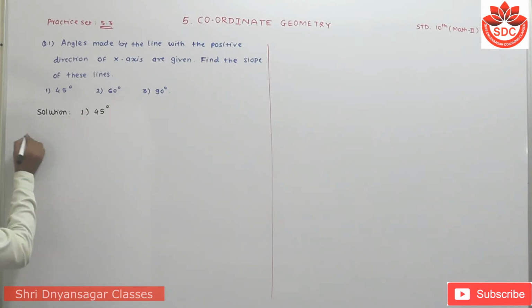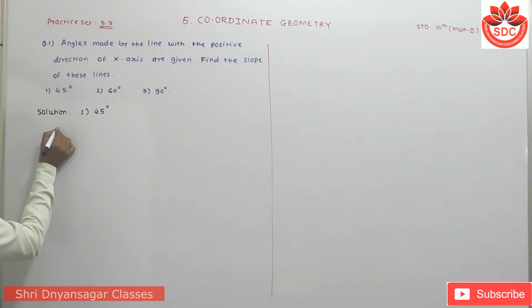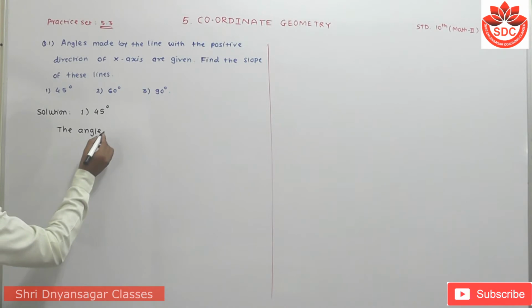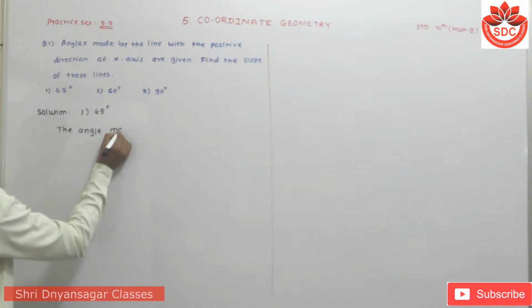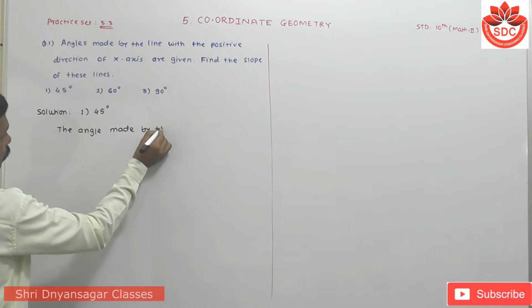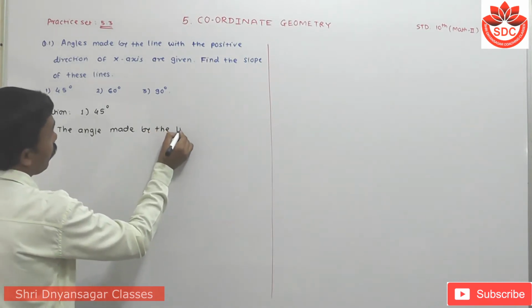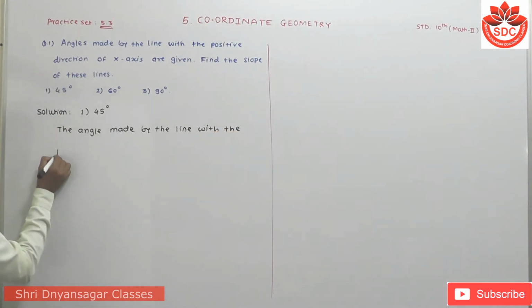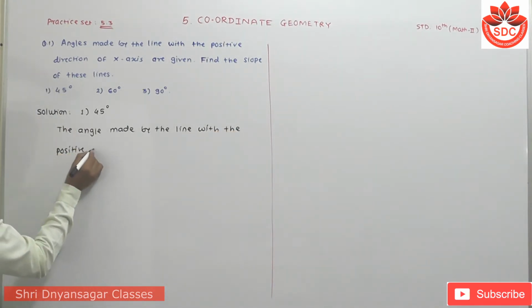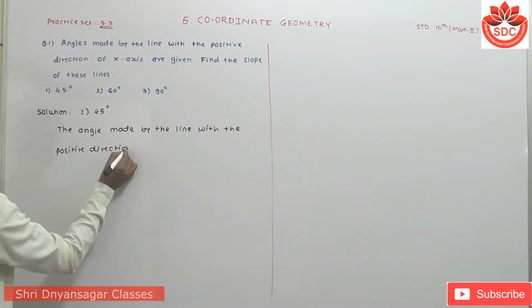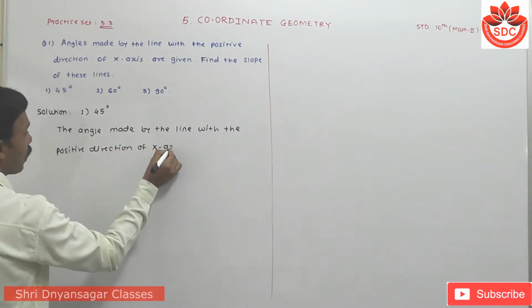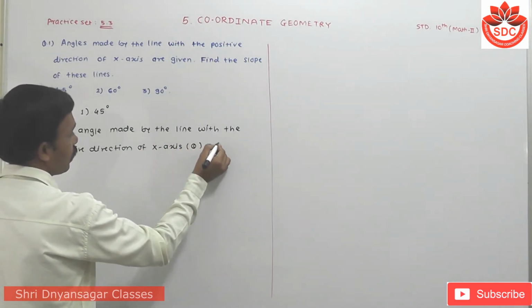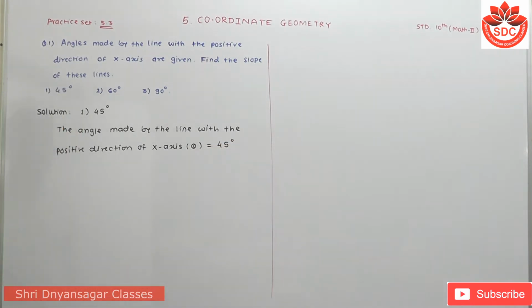Now students, we write here, its solution: the angle made by the line with the positive direction of the x-axis, that is theta, equals how much? 45 degrees.